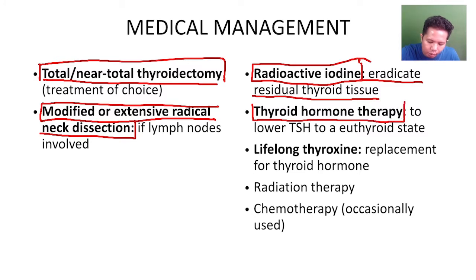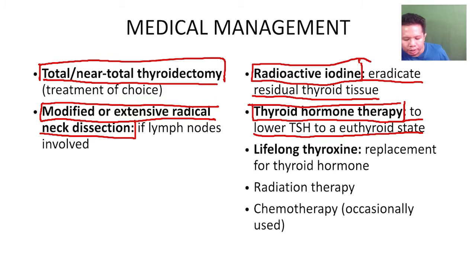We also have our hormonal therapy because thyroid is a gland which is responsible for excreting TSH to a euthyroid state. So usually we replace it with hormonal therapy. And you have your drug which is called thyroxine.